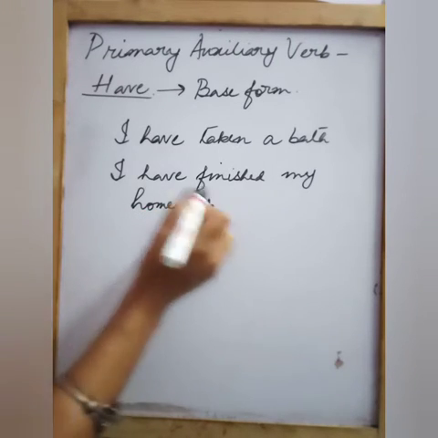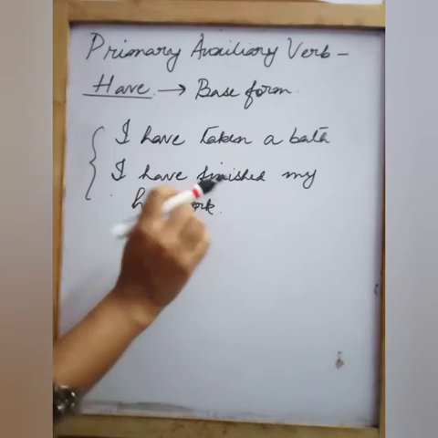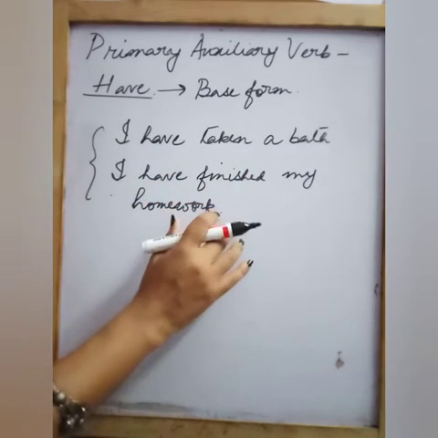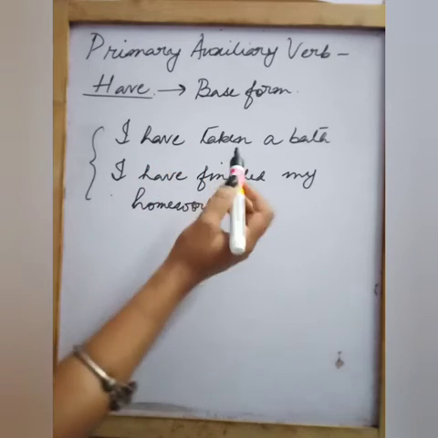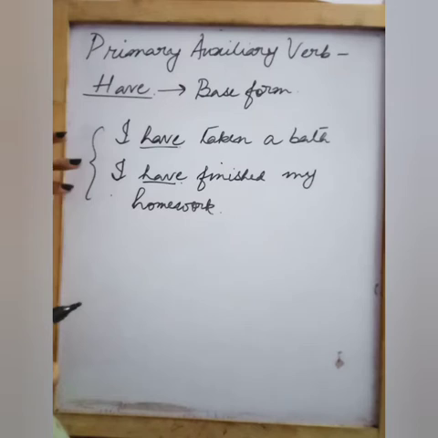So see, in both these sentences, the action or the work has been finished. It is accomplished or completed. So this is the perfect tense. The work or the action has been completed.